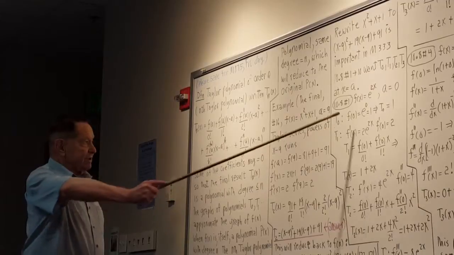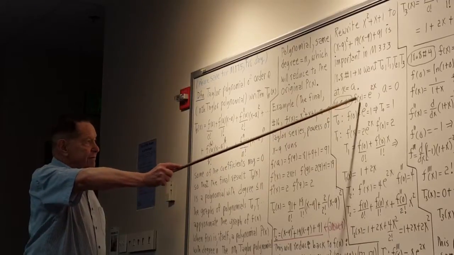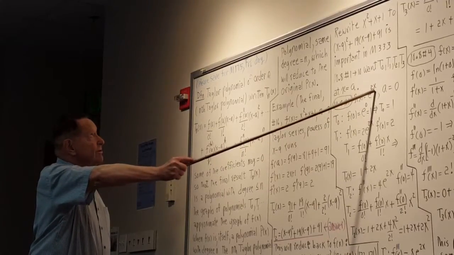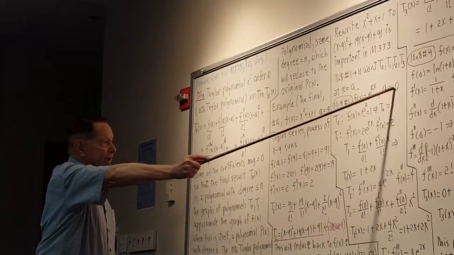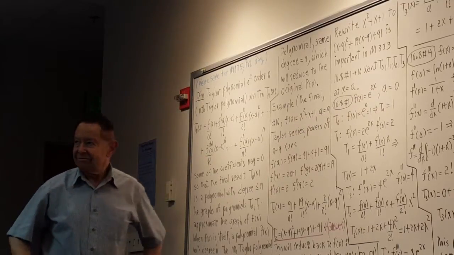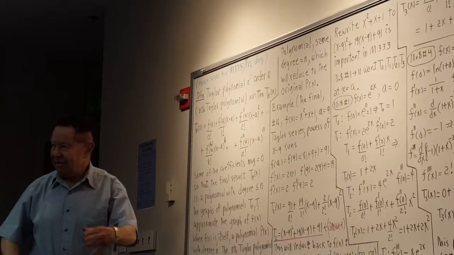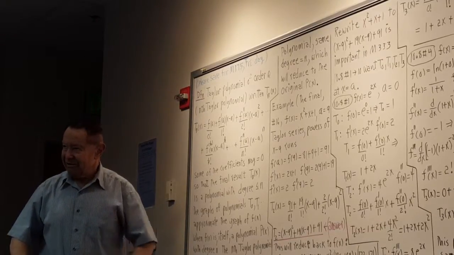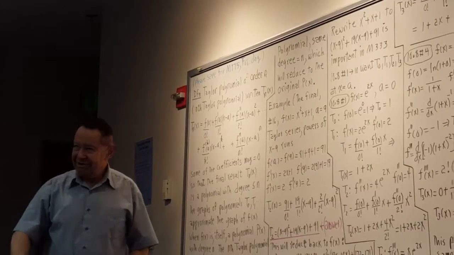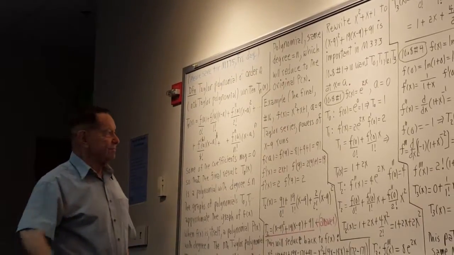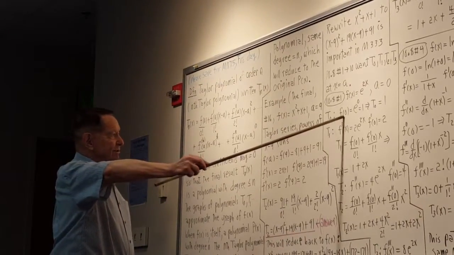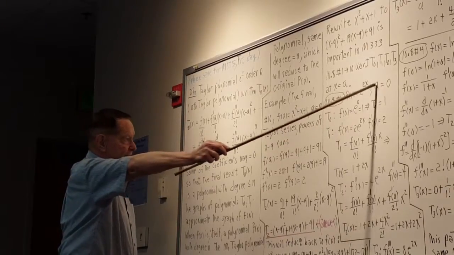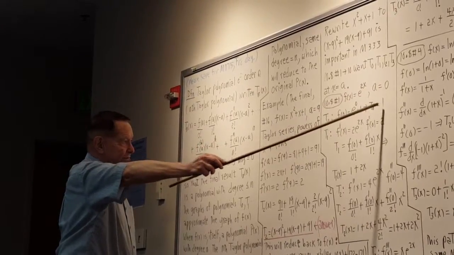So, for example, with problem 1, we have e to the 2x, and we want powers of x. So powers of x minus a, where a is 0. So these really are Maclaurin polynomials, except that the book doesn't call them that. So T0 then is f of a, e to the 0, so it's 1.